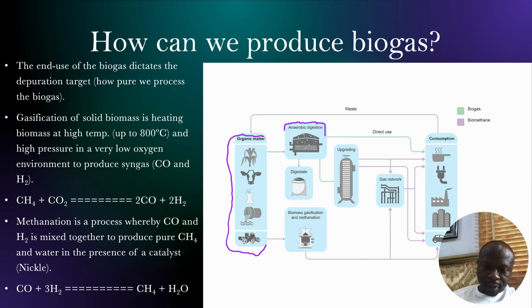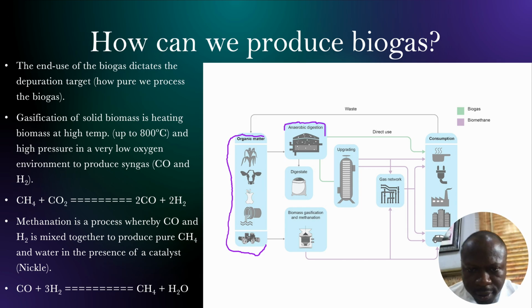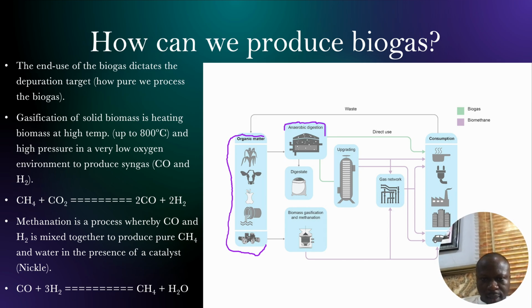For example, here in Nigeria, we use it directly for cooking, and the waste is called the digestate. This digestate also serves as a very wonderful manure or fertilizer because it is rich in ammonia and is very good for your crops.